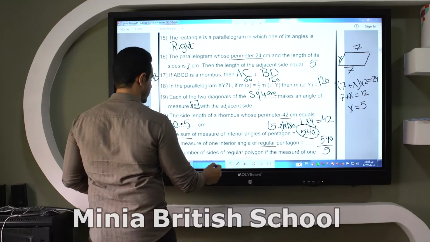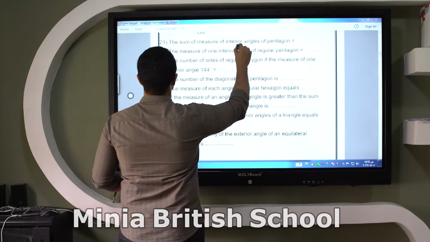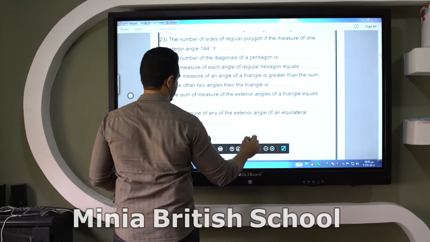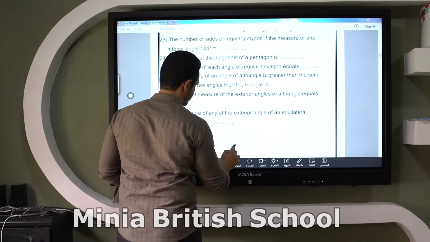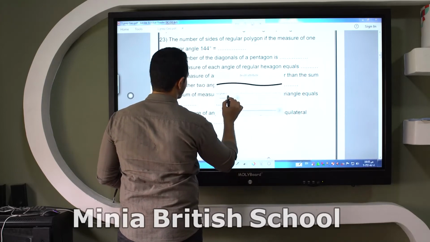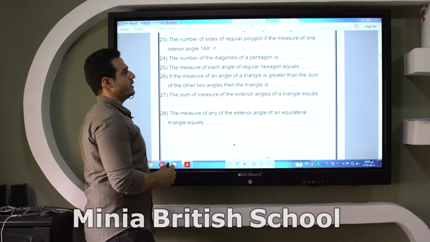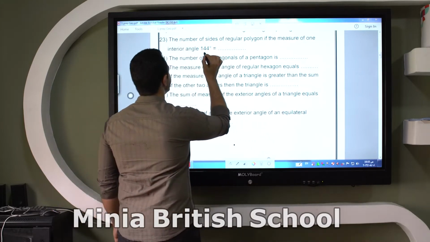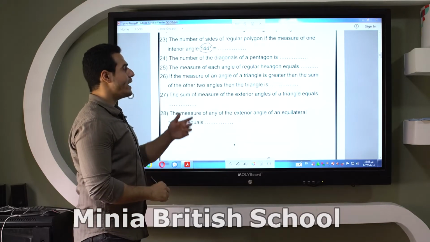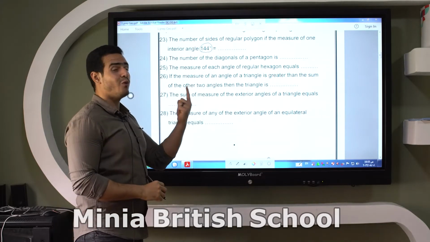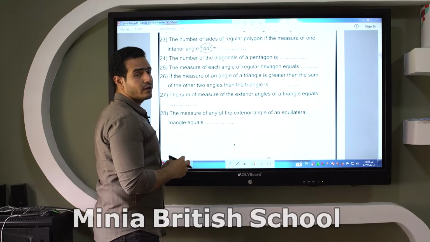Number 23, the number of sides of a regular polygon, if the measure of one of its interior angles equals 144. We have the measure of one angle of a regular polygon, and we want to find the number of sides.